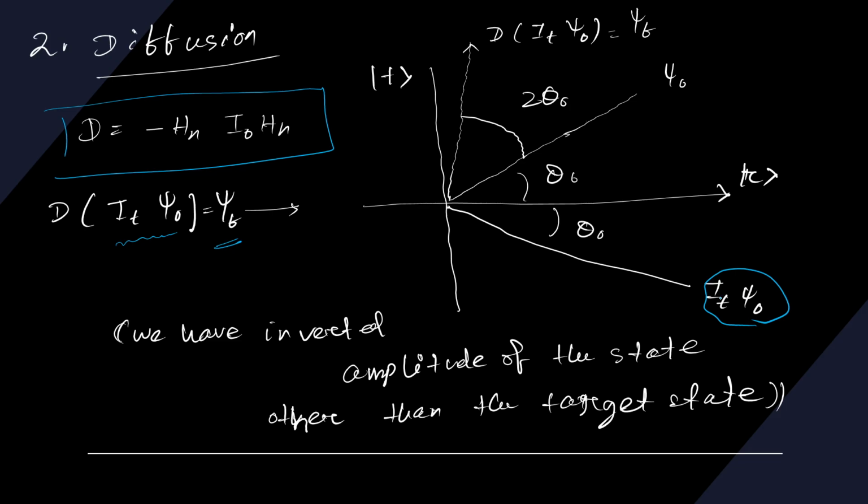So I_t psi naught is again operated on by D, the diffusion operator, which inverts with respect to psi naught. This is the 2 theta naught. So inversion again takes place with respect to psi naught, making an angle 2 theta. Then the new vector, which is the final output, will also have an angle of 2 theta with respect to psi naught.